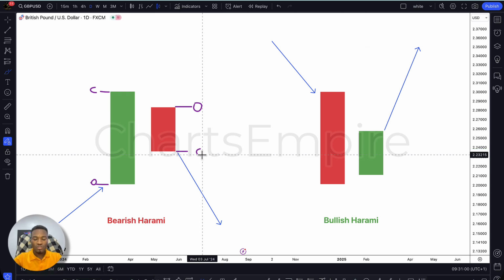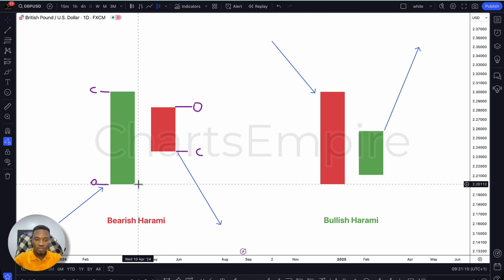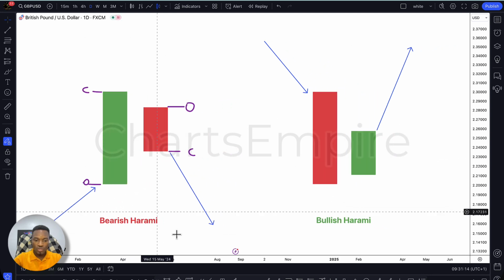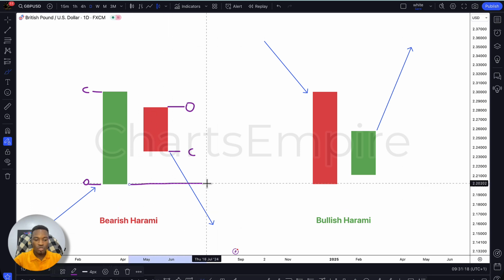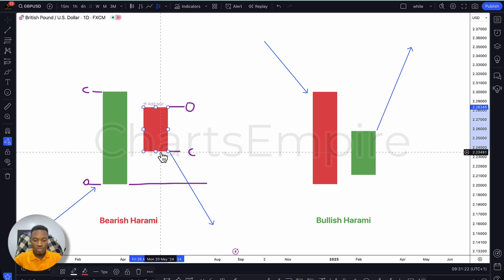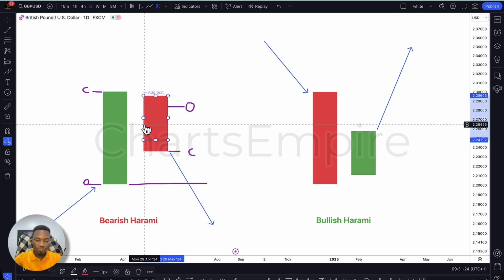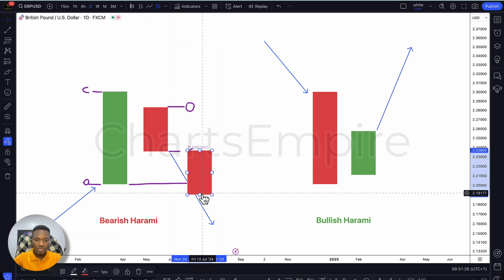Now for you as a trader to trade this type of candlestick pattern, you need to exercise patience for the next candlestick to close lower than the opening of the bullish candlestick, right? So the opening of this bullish candlestick is at this medium right here. So we need the bearish candlestick that will form later in this market to clear out the opening of this bullish candlestick.